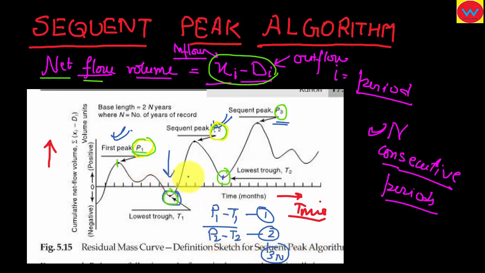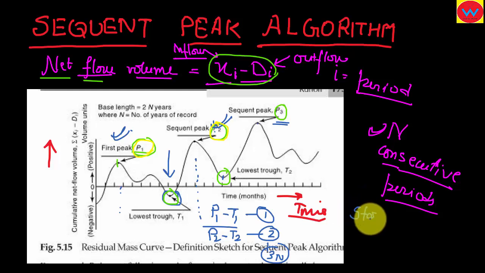You have plotted this graph for whatever number of cycles. Basically this is your cycle list. So we have to repeat the procedure for all sequent peaks available in 2n periods. That is, we have to determine sequent peaks Pj, corresponding Tj, and the storage. So what will be the reservoir storage capacity?